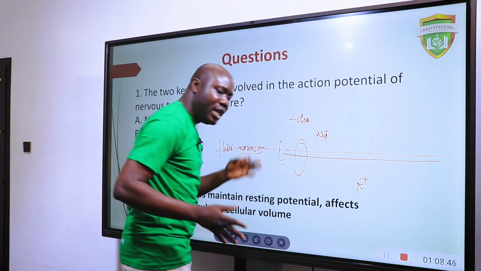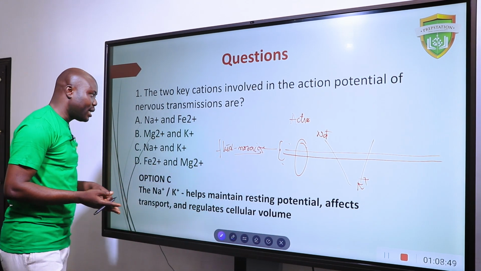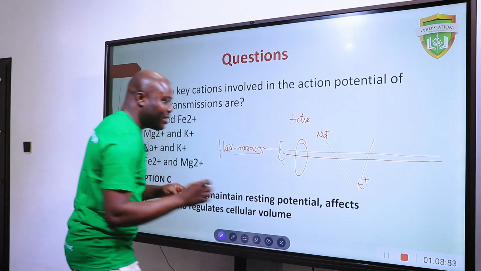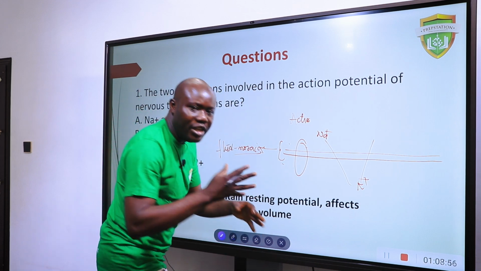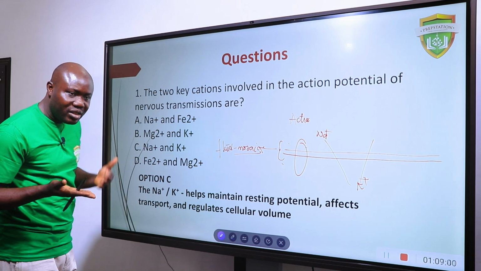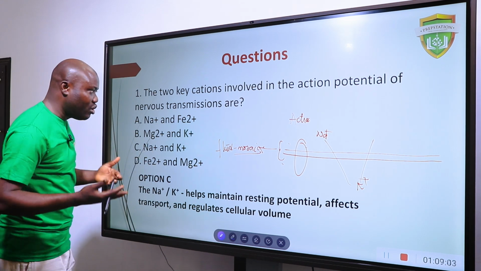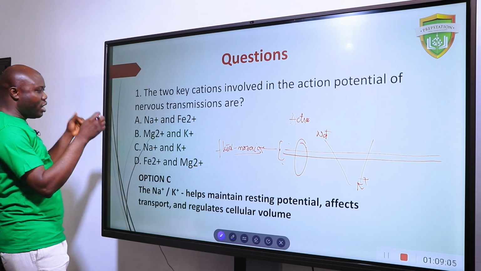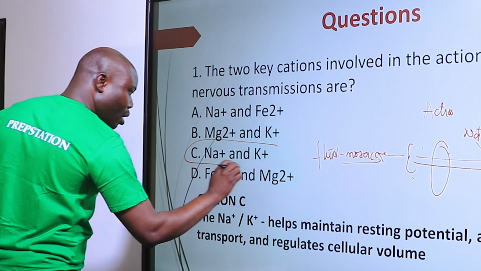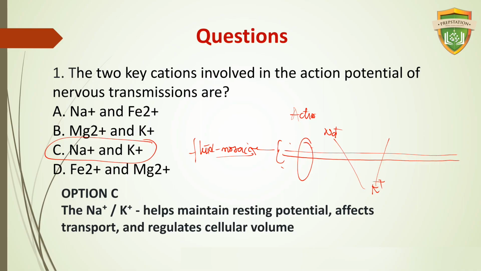When one is coming in, one is going out, so that there will be a balance in the amount of sodium and potassium ion available in the cell. So your answer is C: the sodium ion and potassium ion help maintain resting potential, affect transport, and regulate cellular volume.